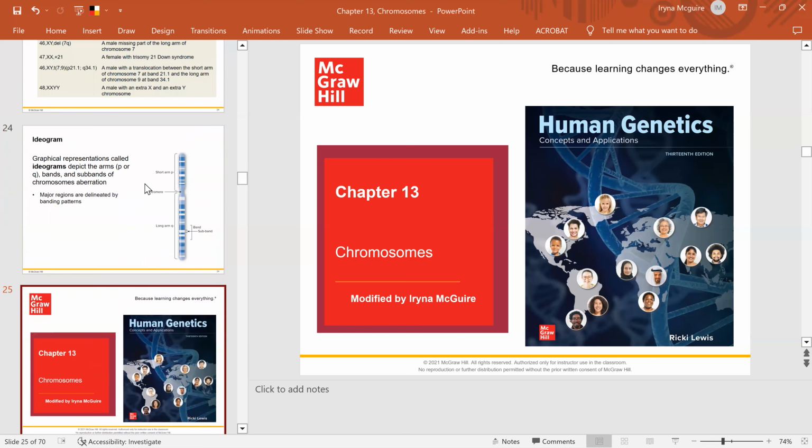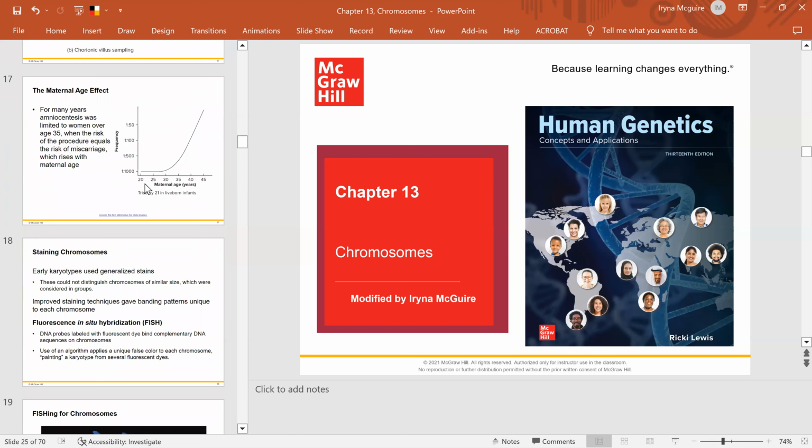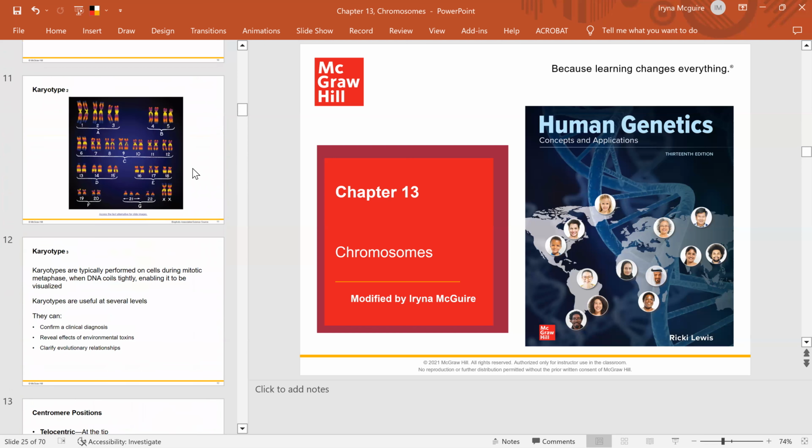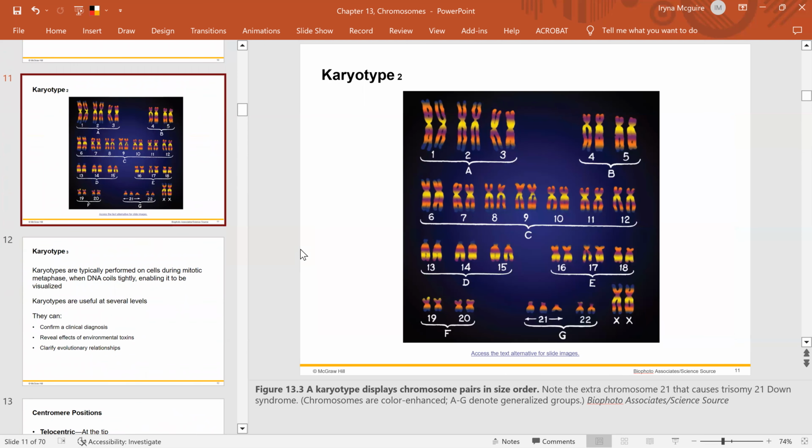But first, I want to remind you what karyotype is. I will go back and show you a picture of a karyotype. A karyotype is created when we take a person's cell, extract chromosomes from the cell, and then arrange them in numerical order from larger chromosome to smaller.